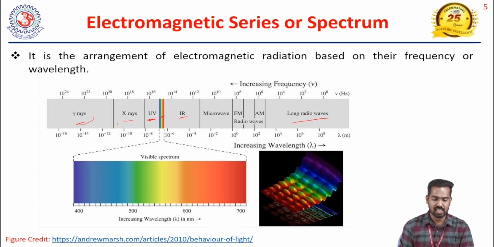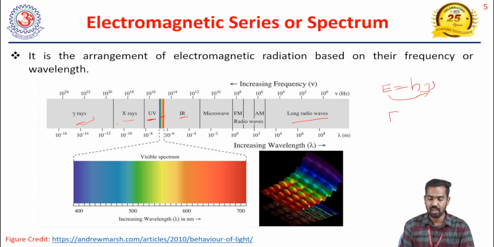So we are arranging different electromagnetic radiations based on their frequency or wavelength, in either increasing or decreasing order. And you should know that as per Planck's equation, E equal to h nu, energy is directly proportional to frequency.